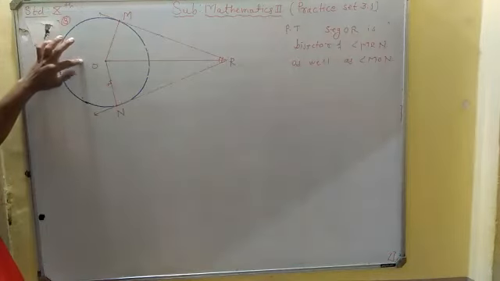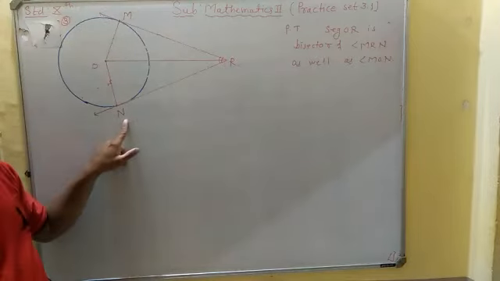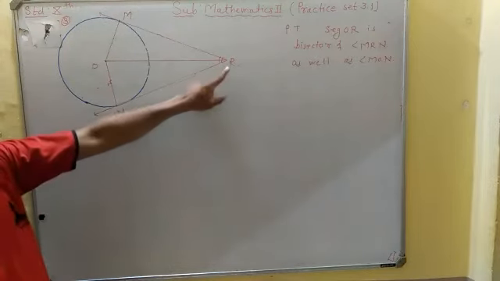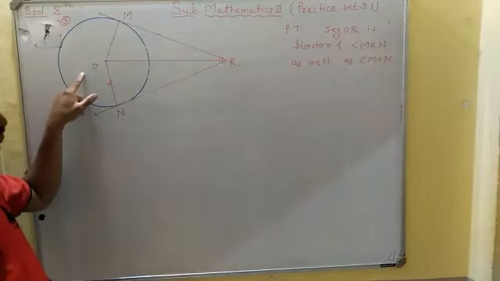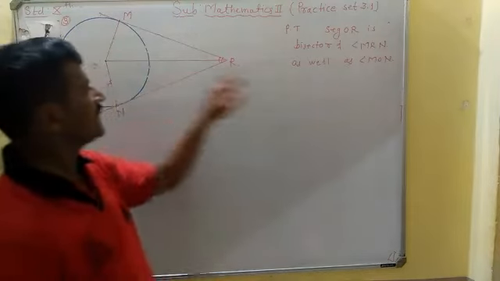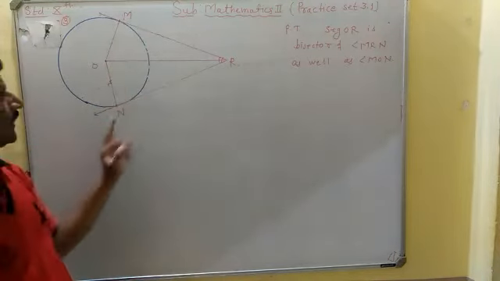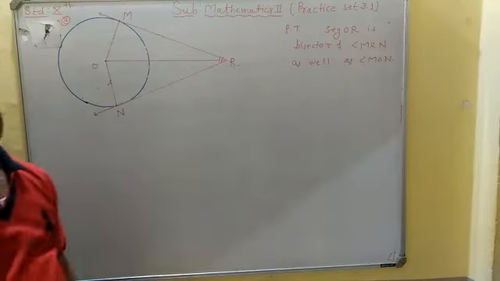O is the center of the circle. MR and NR are the tangents drawn to the circle from an external point R. Then prove that segment OR is the bisector of angle MRN as well as angle MON.